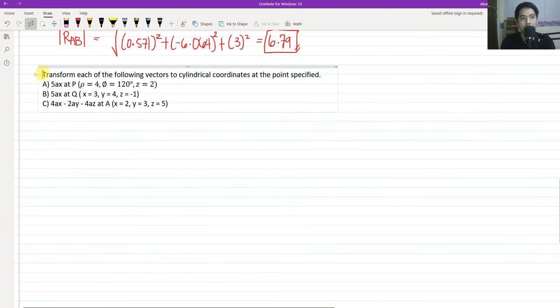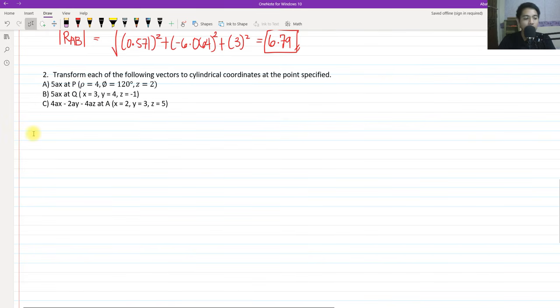In number 2, we have to transform each of the following vectors to cylindrical coordinates at the point specified. So we have a 5 a_x vector, and we are going to transform it into cylindrical coordinates at the given point P.